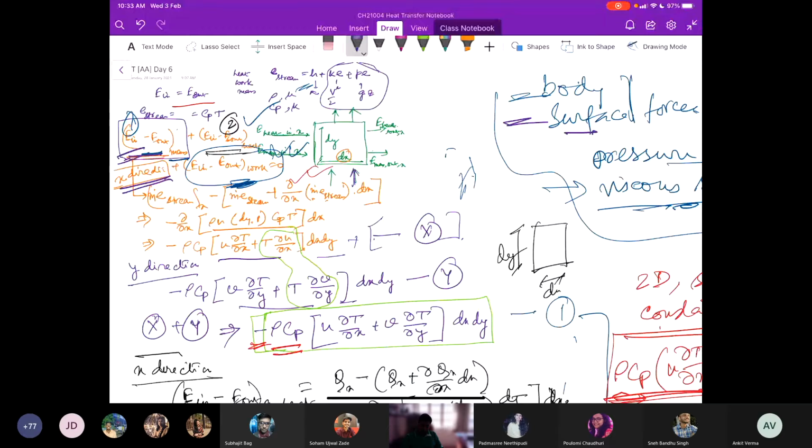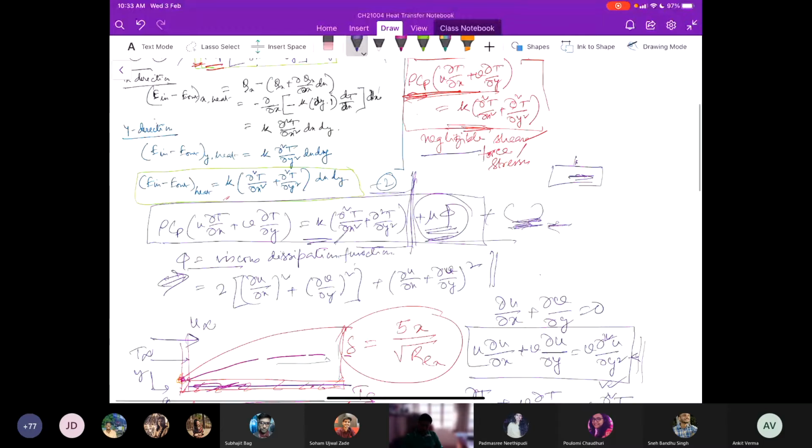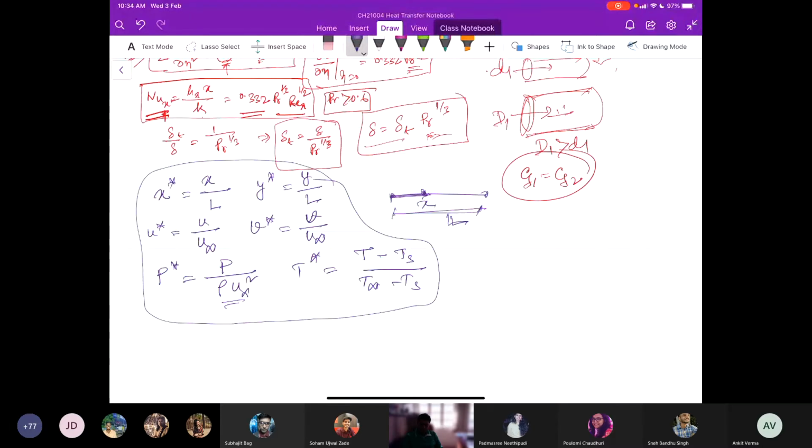It involves T, X, Y, and U. These are the generic energy equations with viscous dissipation. So the point is that if the flow is laminar, there is no viscous dissipation.